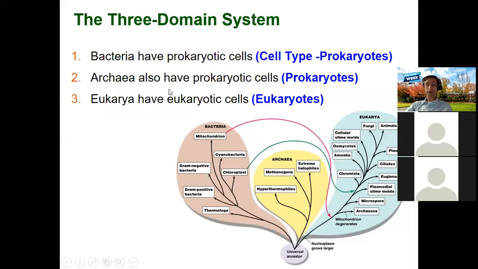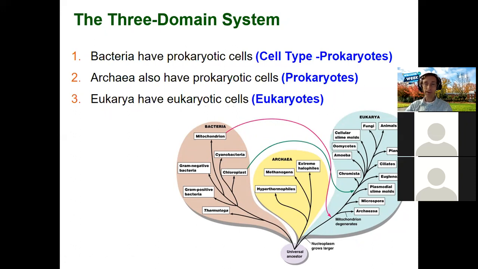The bacteria have what the book calls a cell type, prokaryotes. Archaea also has a cell type called prokaryotes. Eukarya have a cell type, eukaryotes. And so the book calls these two different cell types.